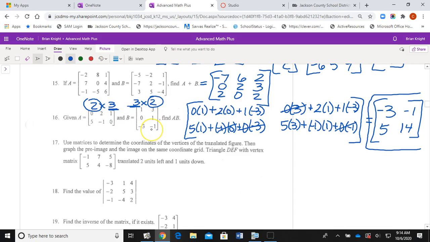That's right, it is 1 times negative 1. You're right. Thank you, Emily. Sorry about that. So that would be positive 1 there. Thanks, Em. I was wrong, I just checked it. Good job.